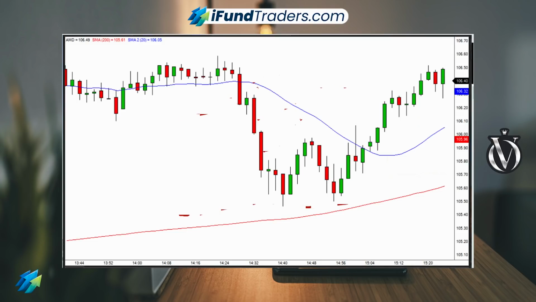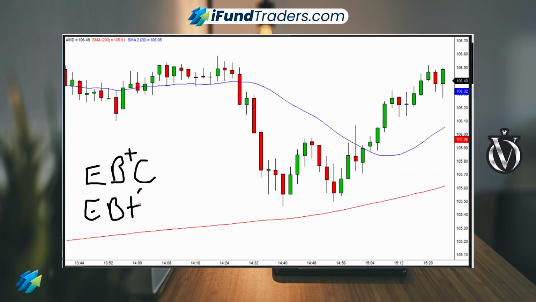Powerful elephant bar. Plus clearing elephant bar plus clearing, however you want to write it. Yeah, equals 87% follow through.